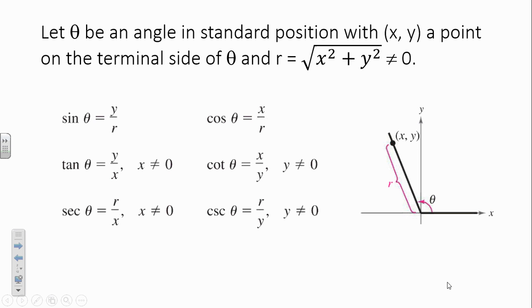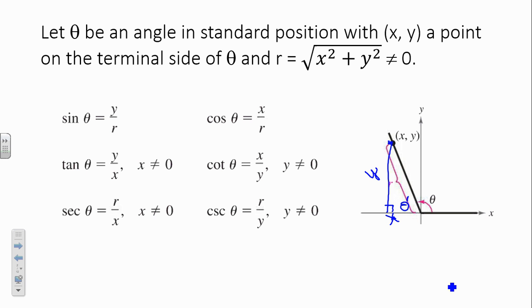If we drop a perpendicular from that point to the x-axis, then this vertical distance is how far up I am, and this horizontal distance is my adjacent to this new angle that I'm talking about, this reference angle, theta prime. And this number is no longer 1, it's the radius of any old circle.